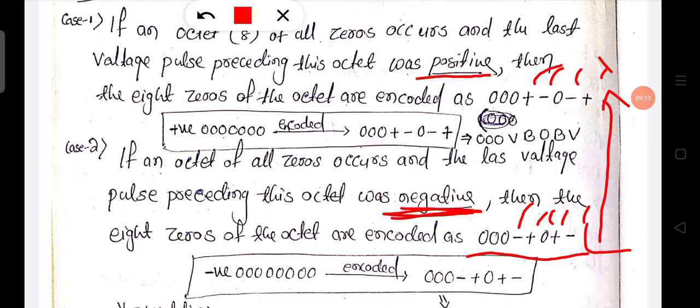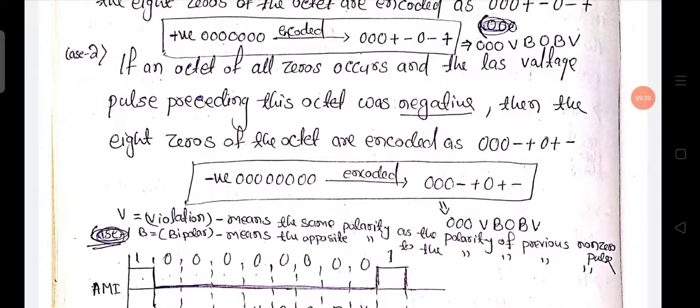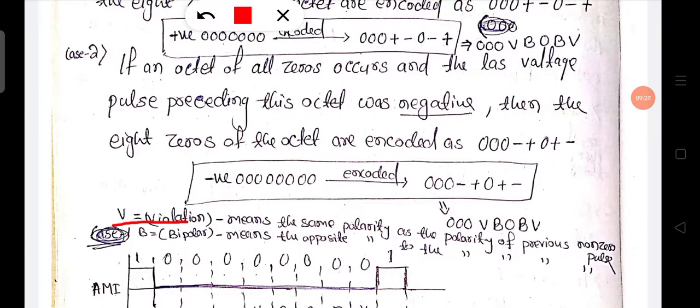Now see what is B and what is V. V means violation, meaning the same polarity as the previous non-zero pulse. That means when 8 consecutive zeros have happened, the polarity of the previous non-zero level is the polarity of V. And B means the opposite polarity to the polarity of the previous non-zero pulse.